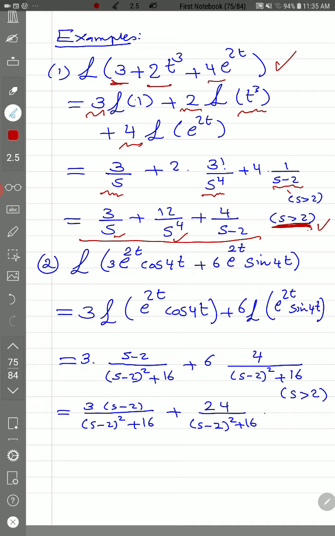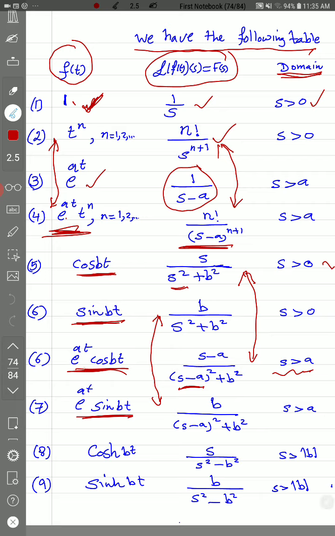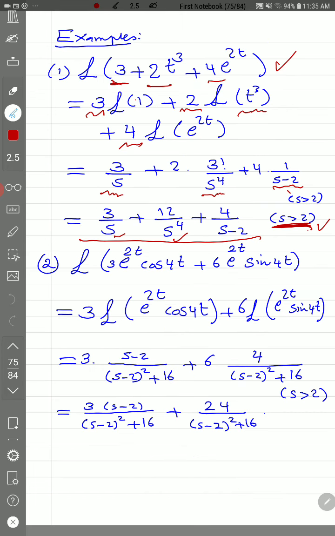In example 2, I take number 6. If we go there, I take exponential cosine and exponential sine. Okay? So if you do it again, you take the 3 outside as linearity, and then you go to the table.